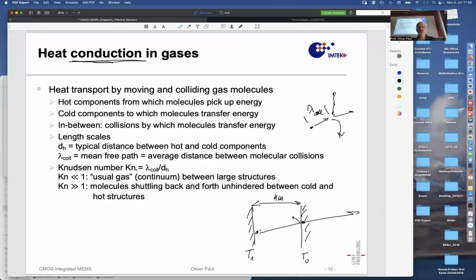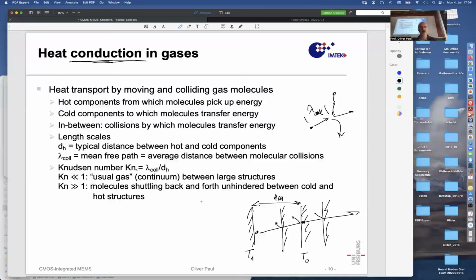Then of course there is no intermediate collision, and the heat is transferred directly from here to here. Whether I make this distance a little bit smaller or larger won't make a change, because what happens at the surface is exactly the same. So it becomes independent of this distance.